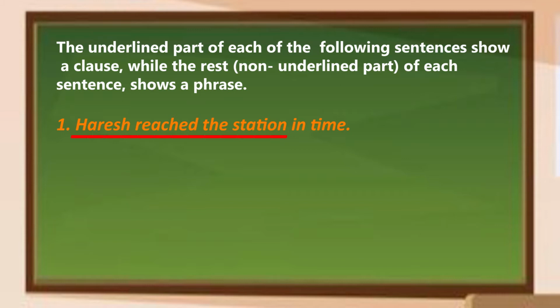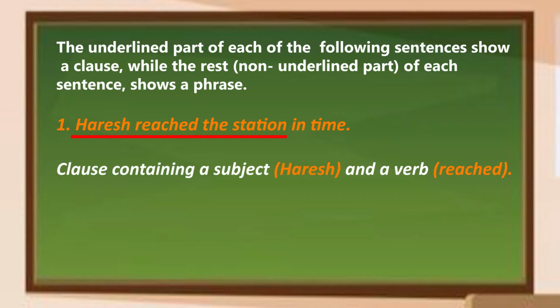Sentence 1. Harish reached the station in time. Now, why is this part of the sentence the clause? Because it contains the subject and the verb. The subject in this sentence is Harish. Very good.